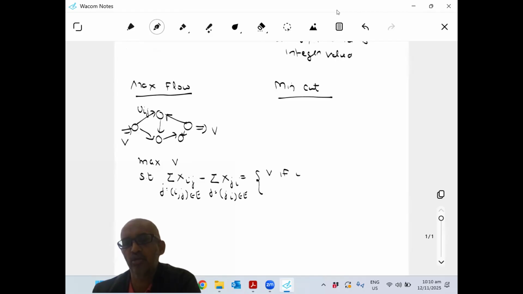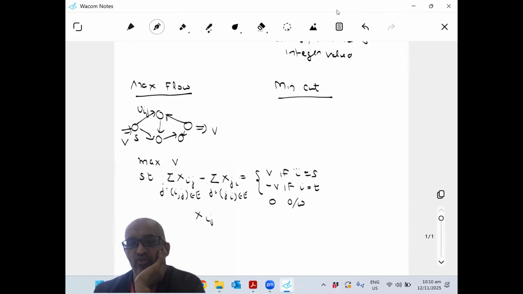Essentially, if i is a supply node, so if it is the node S, then the total outflow minus total inflow is V. It's minus V at the sink node, if i is equal to T, and then zero otherwise.